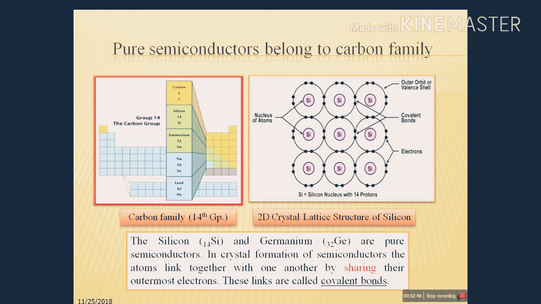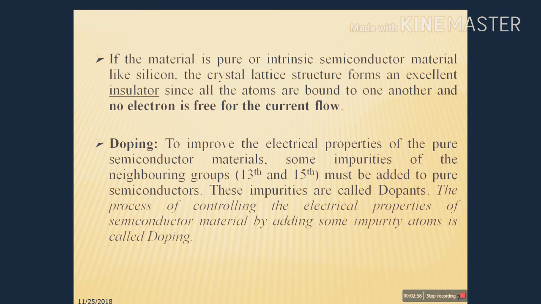In cluster formation of semiconductors, atoms link together with one another by sharing their outermost electrons. These links are called covalent bonds. If the material is a pure or intrinsic semiconductor like silicon, the crystal lattice structure forms an excellent insulator, since all atoms are bound to one another and no electron is free to move for the current flow.